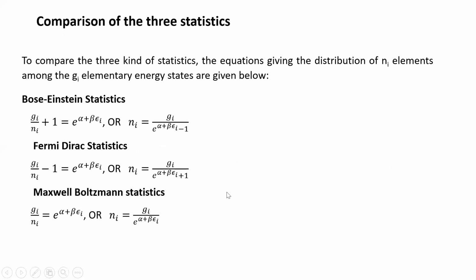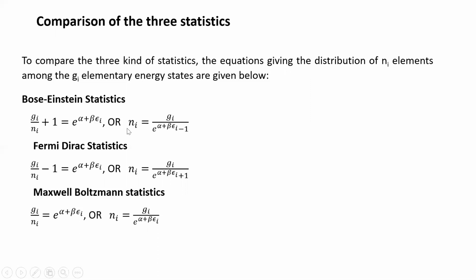Now we will study the comparison of three statistics. We studied three types of statistics. First, the Bose-Einstein statistics and Fermi-Dirac statistics. These come under the category of quantum statistics. And before that, we studied Maxwell-Boltzmann statistics, which is applied for classical particles.